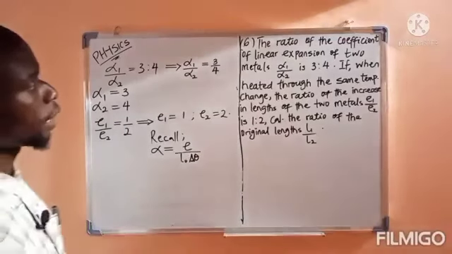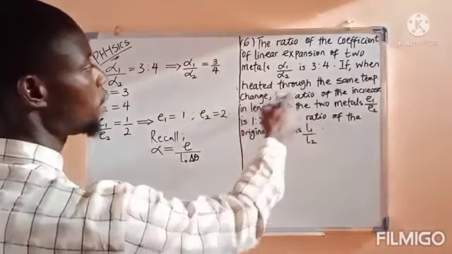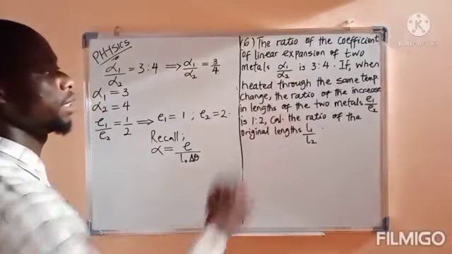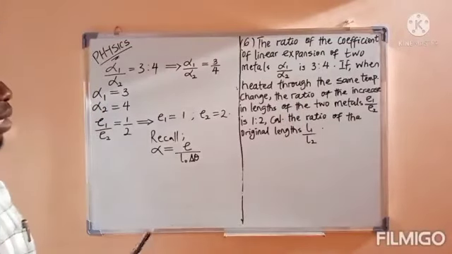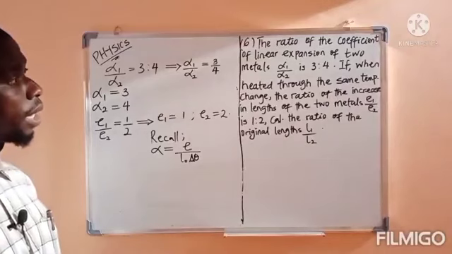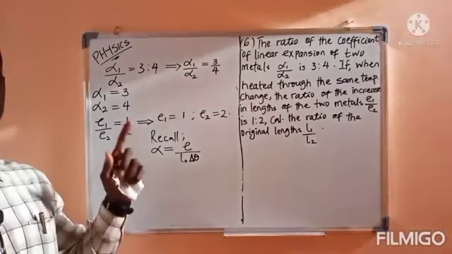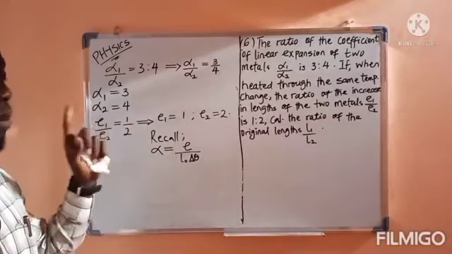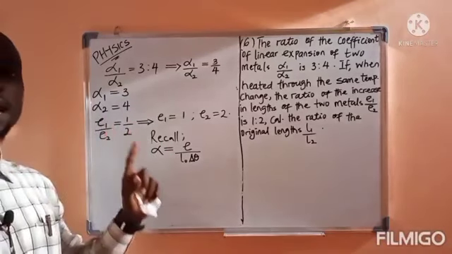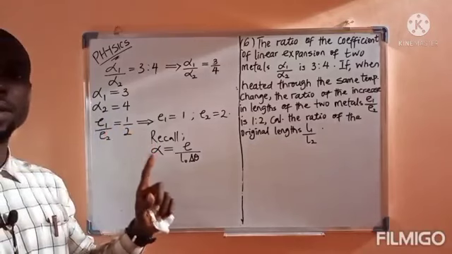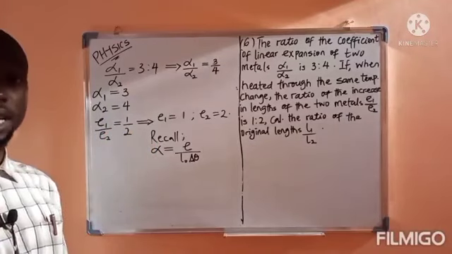Now, remember that the question says that they are heated through the same temperature change. What does this statement imply? It shows that they are heated through the same temperature. That is, change in temperature for metal 1 is the same as the change in temperature for what? Metal 2. Is that clear?